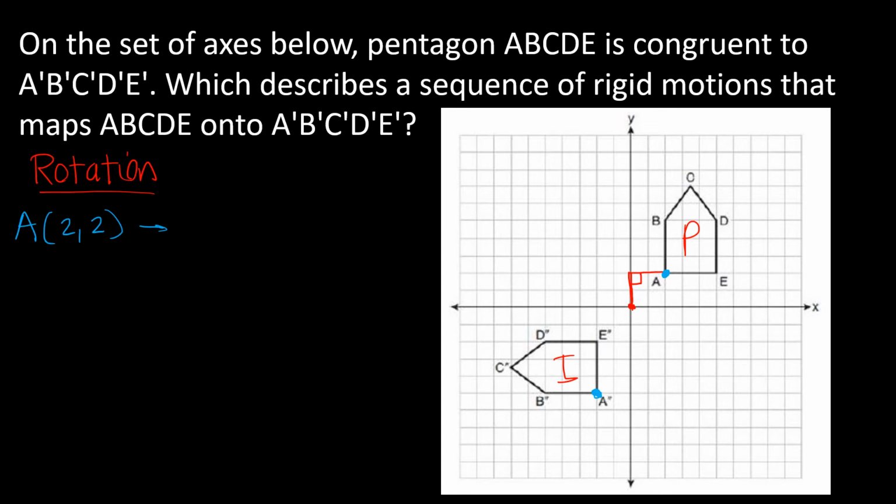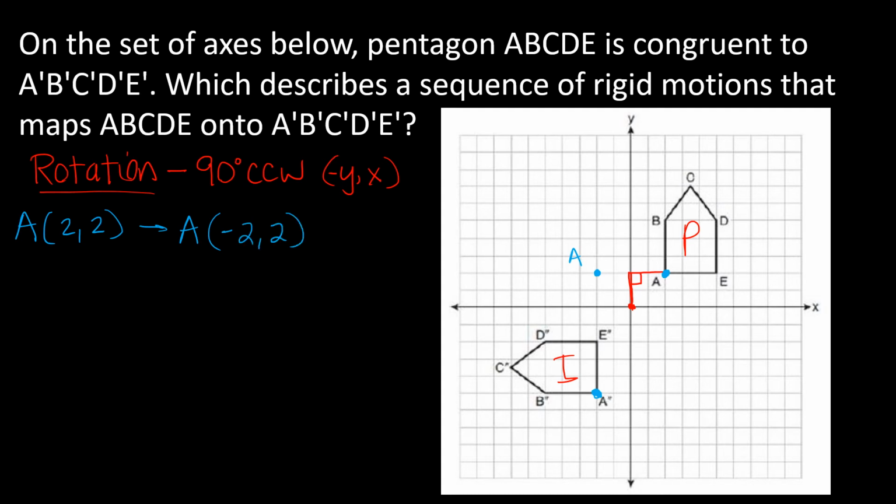If I'm rotating, I'm going 90 degrees counterclockwise because I'm going to the left. Remember, the rule says I flip and take the opposite of y. So if I flip and take the opposite of y, my point A is now going to end up here. So that means I have a new A, and if I flip and take the opposite sign of y, I have (-2, 2).